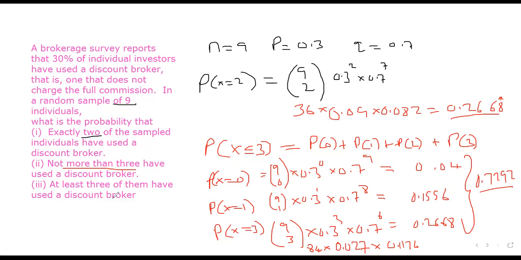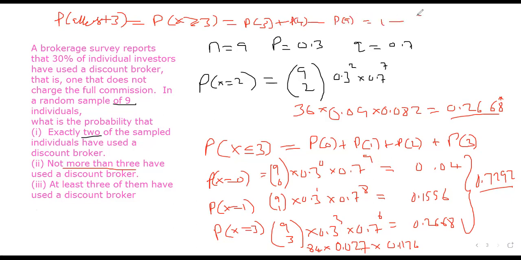At least 3 means the probability of 3 and above, so this is greater or equal to 3. So we're looking at probability starting from 3, 4, up to the last number 9. But this will take us a whole day. The shortcut will be 1 minus the missing numbers.